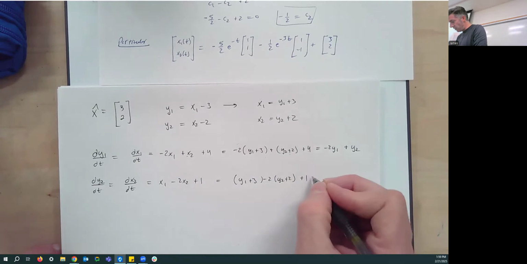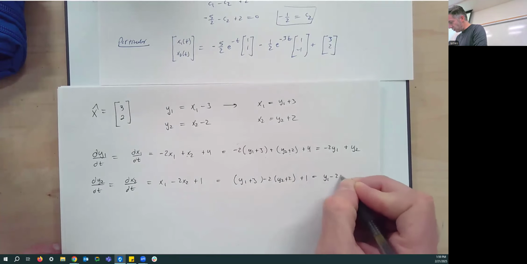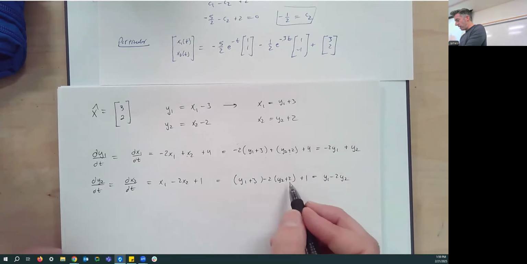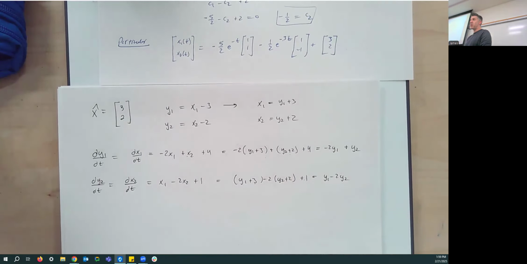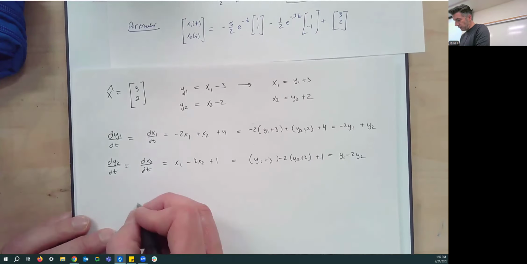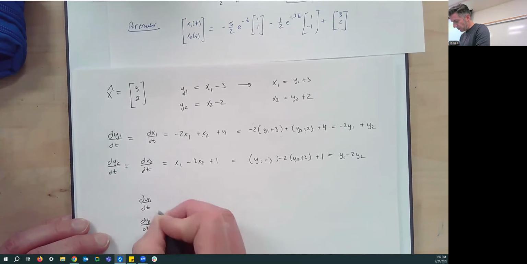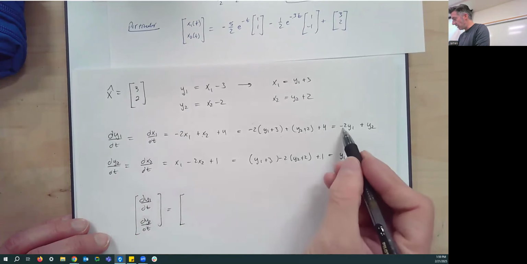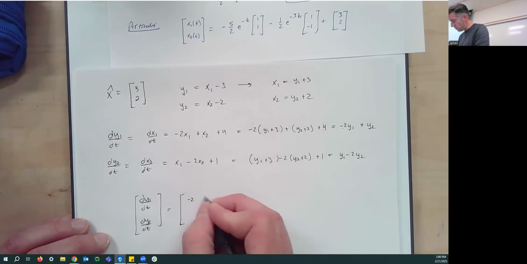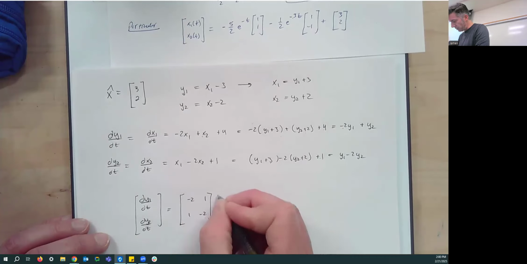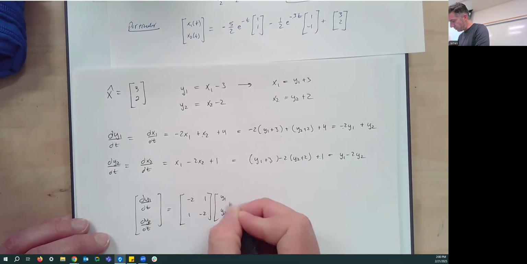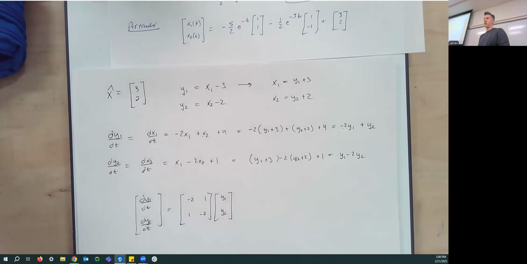When you add it all together, you get y1 minus 2y2, and the 3 minus 4 plus 1 adds up to 0. So your new system is that dy1 dt, dy2 dt is equal to the matrix negative 2, 1, 1, negative 2 times y1, y2, which is exactly the matrix we started working with. So then everything else kind of falls out.